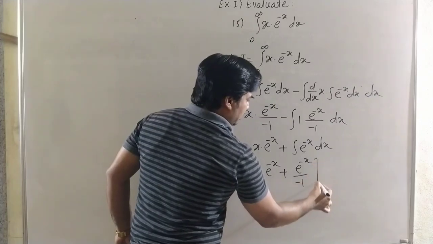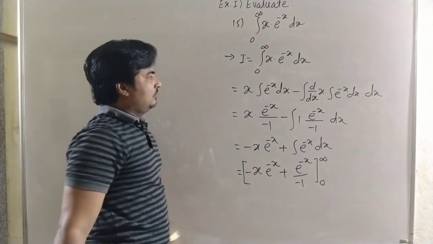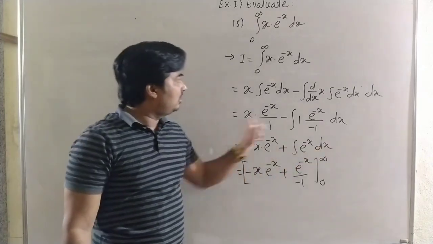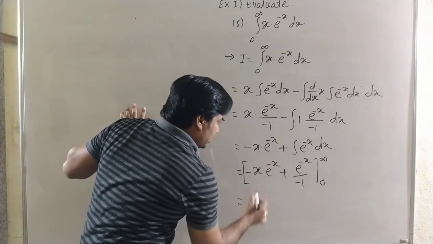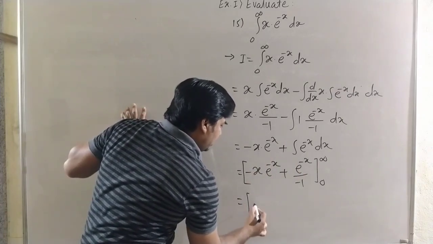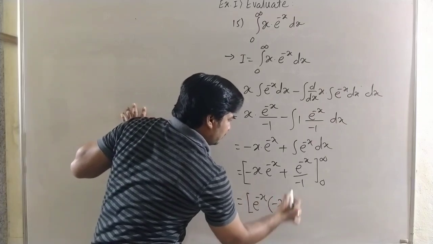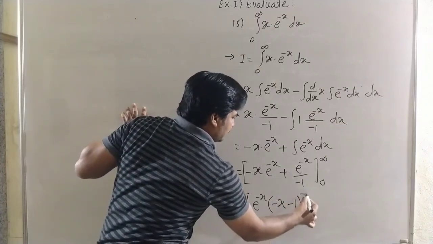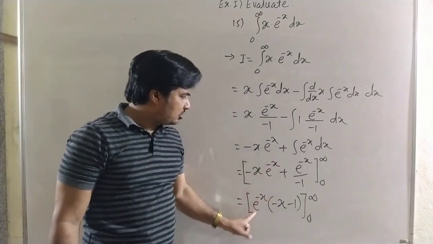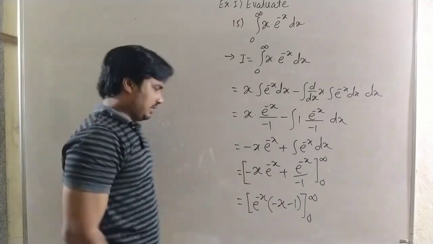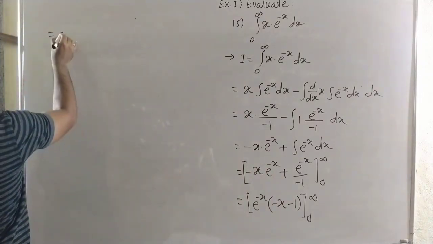Now here the limit 0 to infinity. Okay, limit for all the integral, it is 0 to infinity. First we can take this minus e raised to minus x common. Then we get here a minus x and here a minus 1. And limit is 0 to infinity. Now we can put the upper limit minus lower limit.